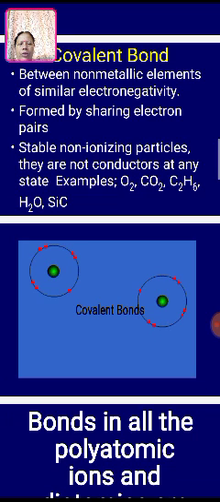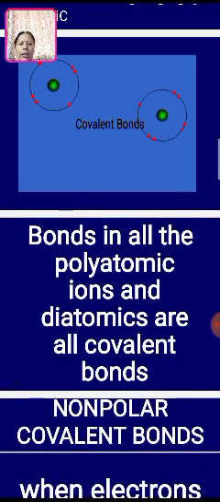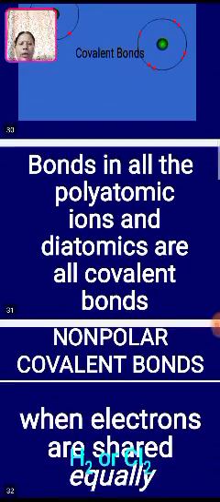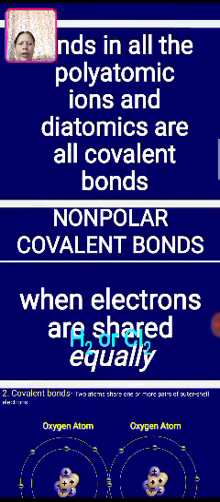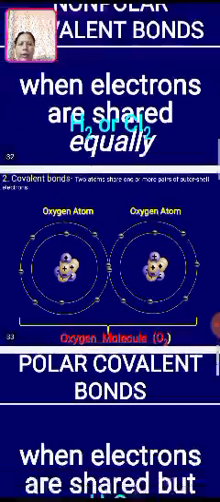So oxygen has electrons which are unpaired in its outermost p orbital, so they can bond with each other. The bonds in all the polyatomic ions and diatomics are all covalent bonds. Non-polar covalent bonds, when electrons are shared equally, H2 and Cl2, they are the non-polar covalent bonds.